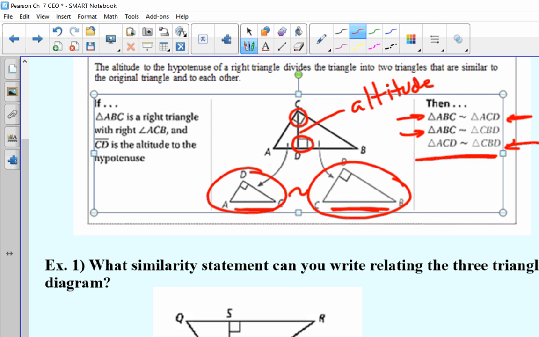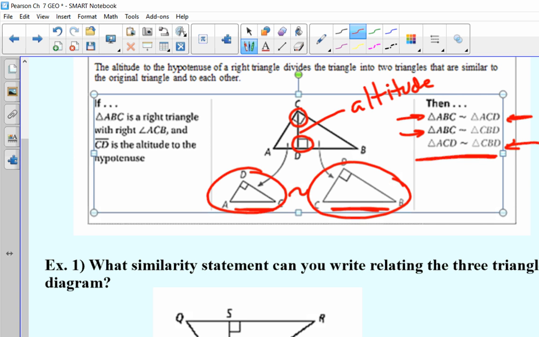You can create this if you've got a right triangle. Let me draw it this way here, more of the profile that we see. From that right angle, I can draw a line segment to the opposite side, perpendicular to that side, and that creates a right angle.